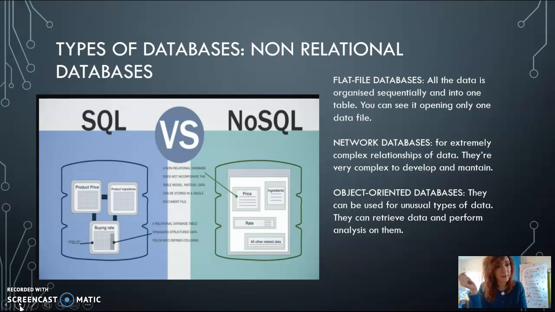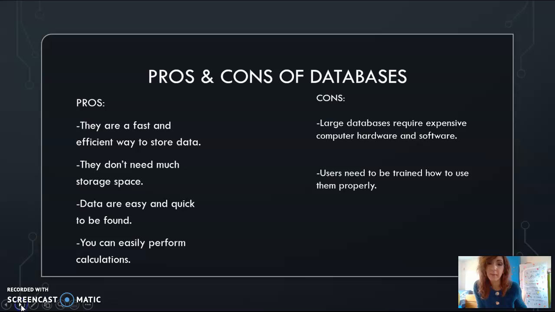Or network databases, which are used for extremely complex relationships of data. They are very complex to develop and maintain. While the last kind is the object-oriented databases, and they can be used for unusual types of data. They can retrieve data and they can perform analysis on them.